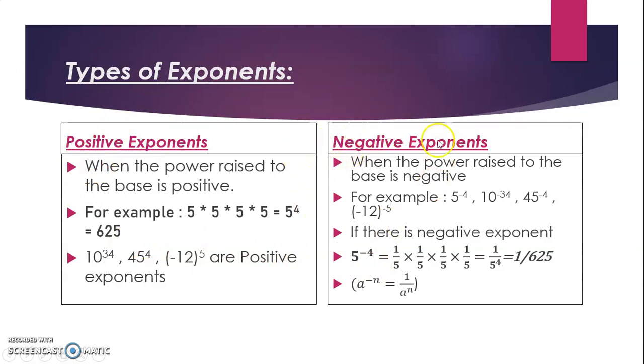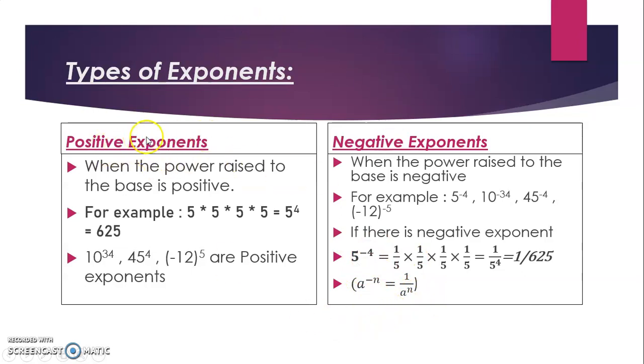You can convert negative exponents into positive exponents just by taking the reciprocal of the number. If this is a, you take the reciprocal of a, that will become 1 by a, and the exponent which was negative will become positive. So this is very important: how to convert the negative exponent into the positive one, just by taking the reciprocal and removing the negative sign. The power will be the same.